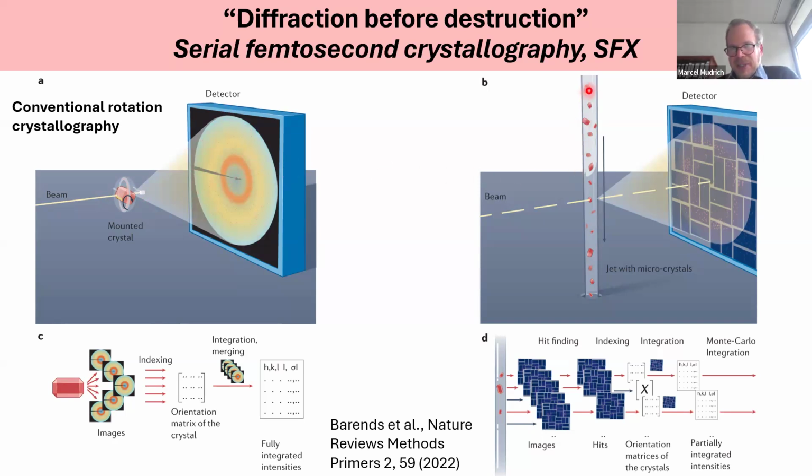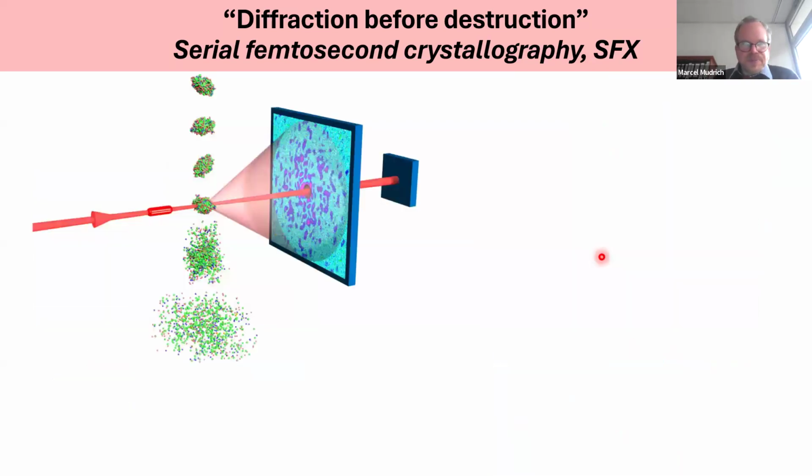Nowadays, it would be injecting many target nanoparticles into the beam and recording many serial diffraction images, and then by doing some complicated mathematical analysis, trying to retrieve the structure of all these particles.